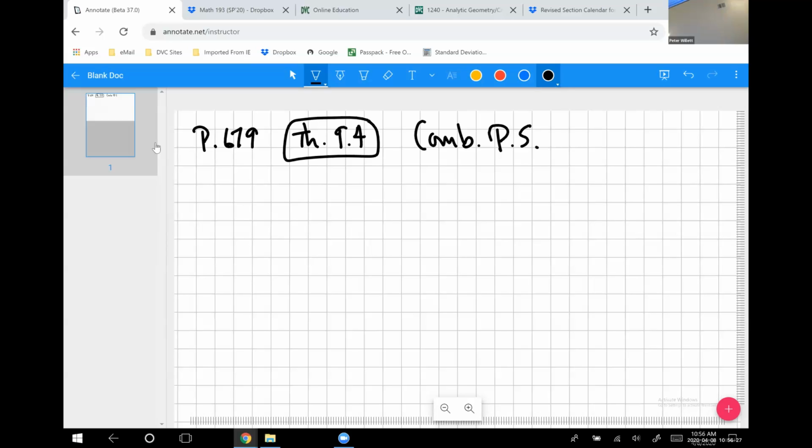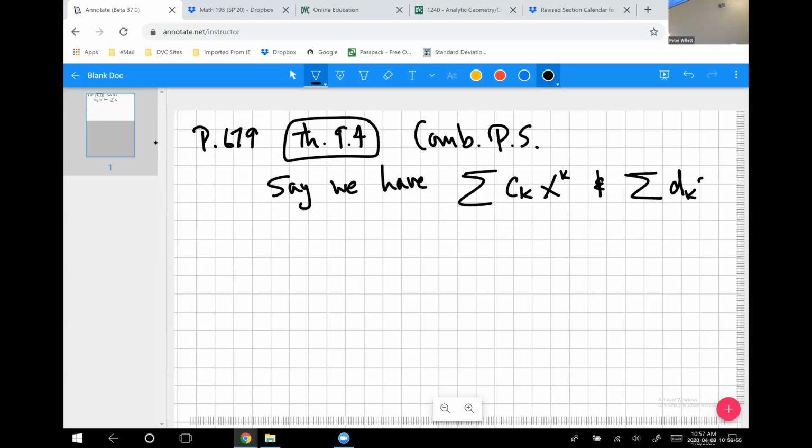So let's say we have a couple of power series. Let me use the same notation they're using, c's and d's. We have a summation of c sub k times x to the k, and a summation of d sub k times x to the k.